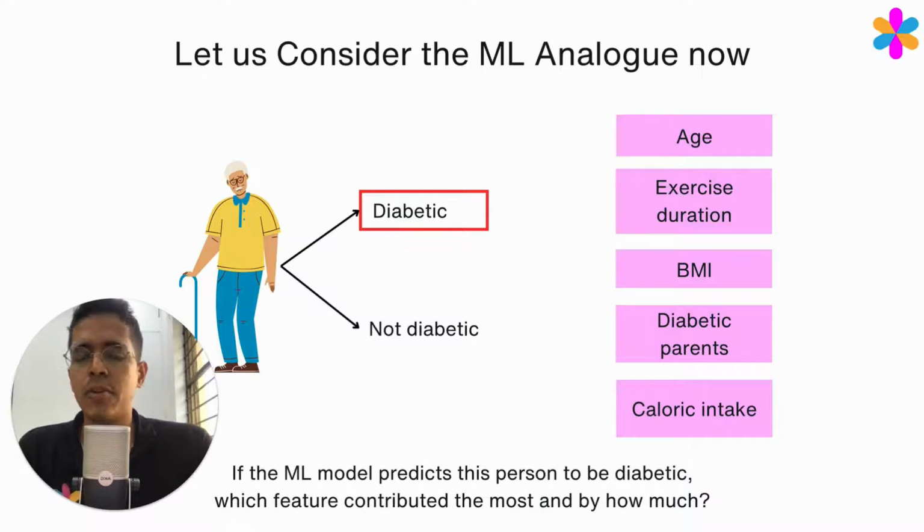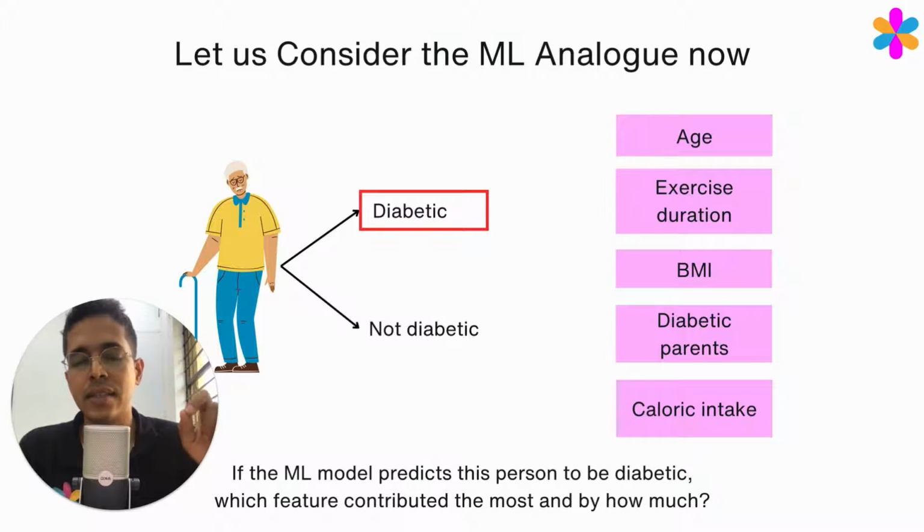That is a very valuable insight, because based on that insight only we can make some recommendations. So we can say, okay, you would have been not diabetic if your BMI was 2 points below what it is today, right? So you can make recommendations like that if you know the importance of the feature for making this person diabetic.